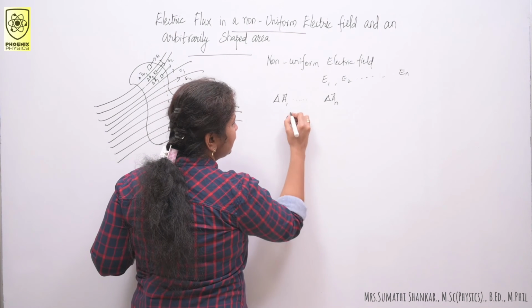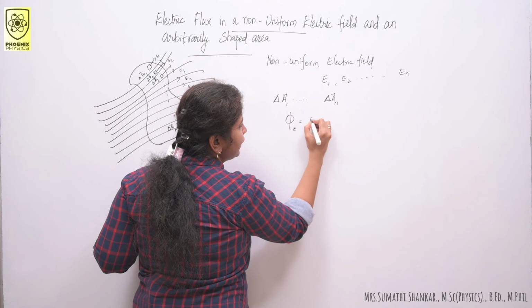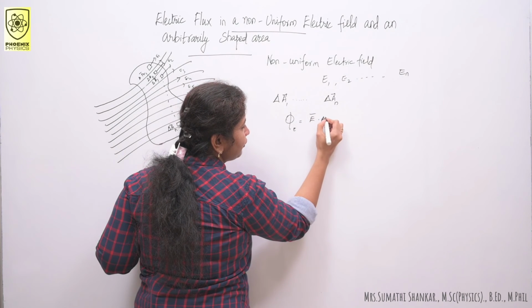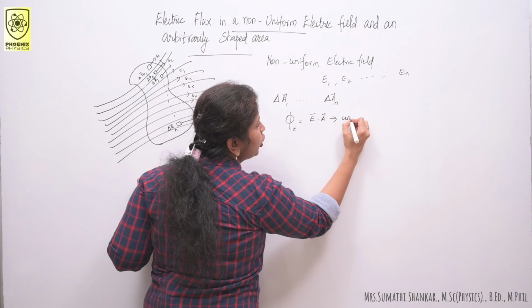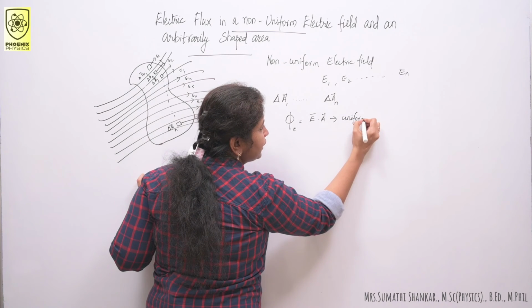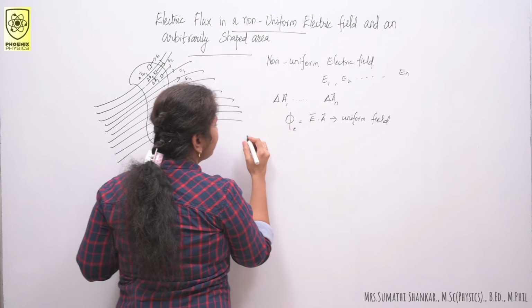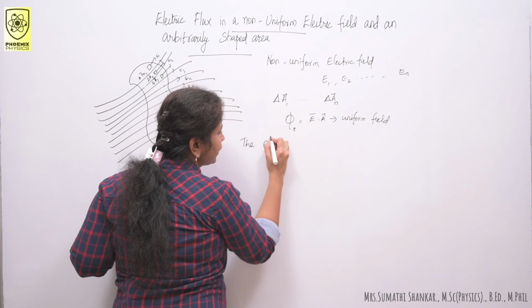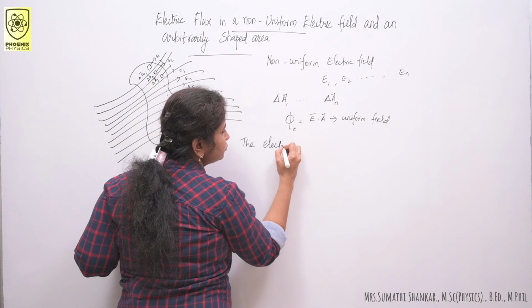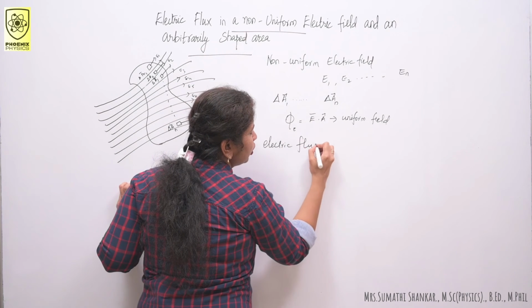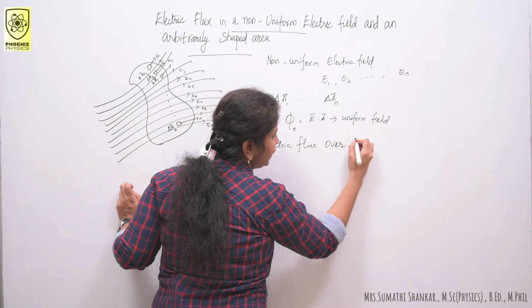If it is a uniform electric field, how do you calculate flux? Flux phi is equal to E vector dot A vector. This is for uniform field. Here we have non-uniform field. So how do you find out the electric flux over the entire area?